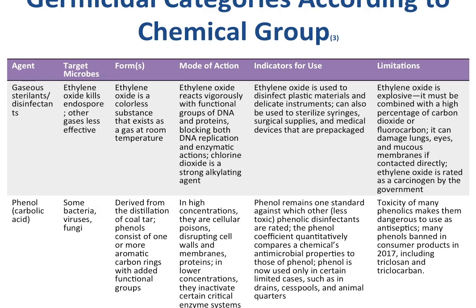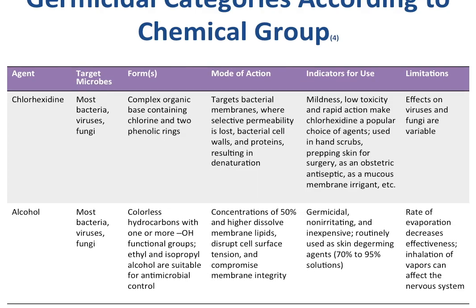Phenol can kill some bacteria, virus, fungi. Gas sterilants, such as ethylene oxide, can kill endospore and others. Chlorhexidine can kill most bacteria and virus. Alcohol can kill most bacteria, virus, and fungi.